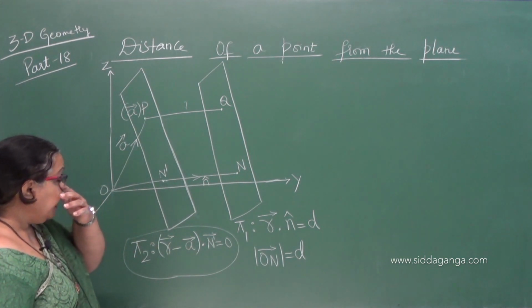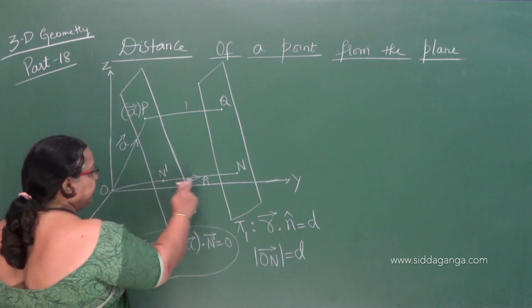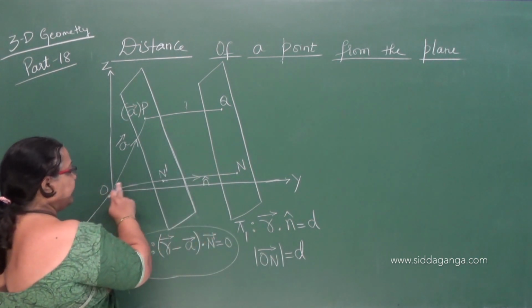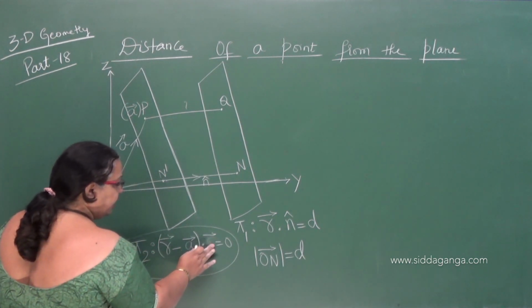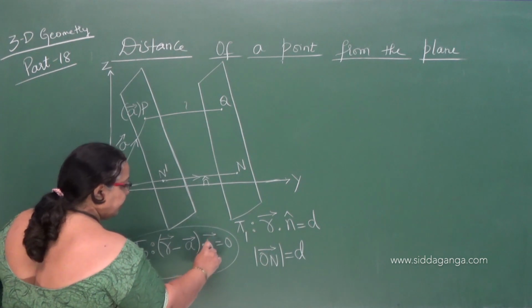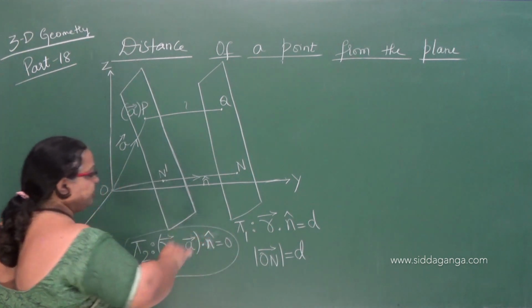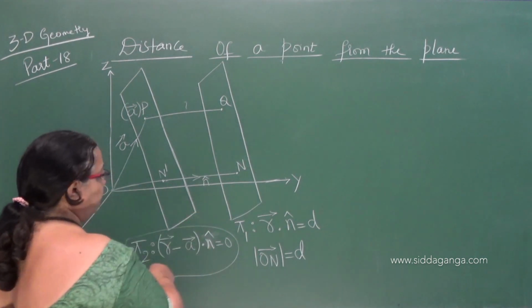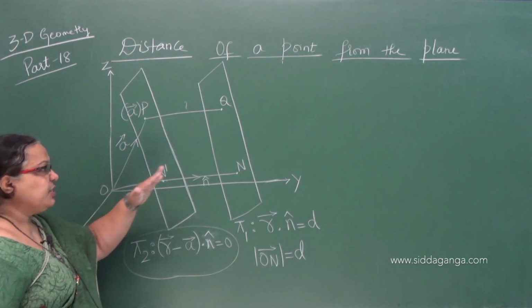Here also we can take it as n cap. So the n cap is common for both vector ON as well as vector ON dash. So here we consider that as n cap, because it is common for both planes, the perpendicular vector is common.